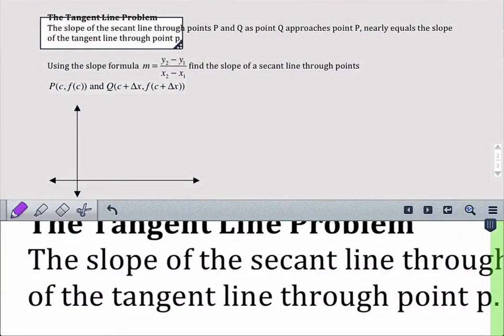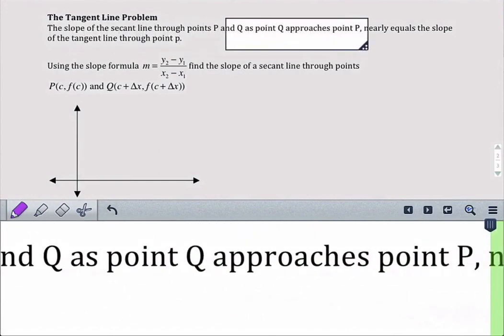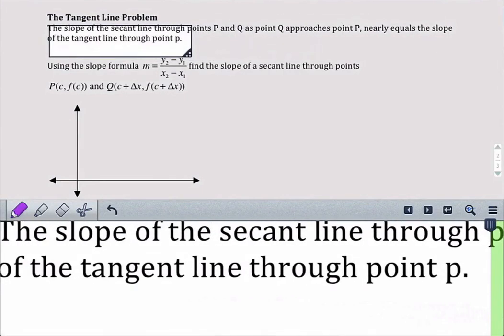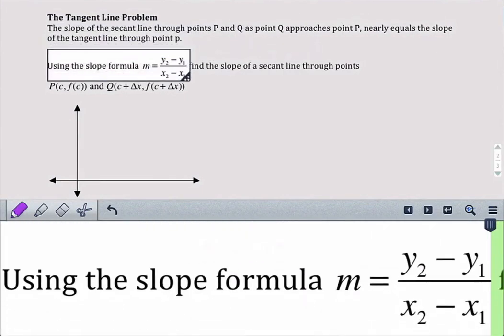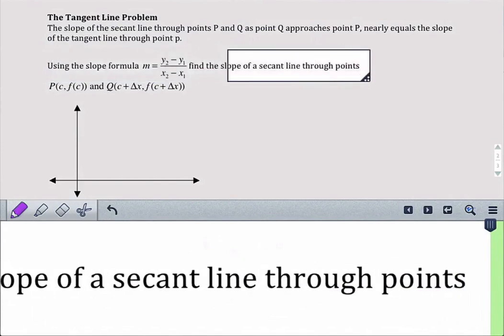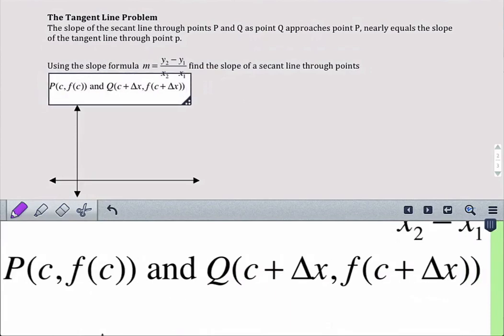It says the slope of the secant line through points P and Q as Q approaches point P nearly equals the slope of the tangent line through point P. So using the slope formula for m, y2 minus y1 over x2 minus x1, find the slope of the secant line through the points P, which is c comma f of c, and Q, which is going to be c plus delta x comma f of c plus delta x. All right, so let's make our drawing here.